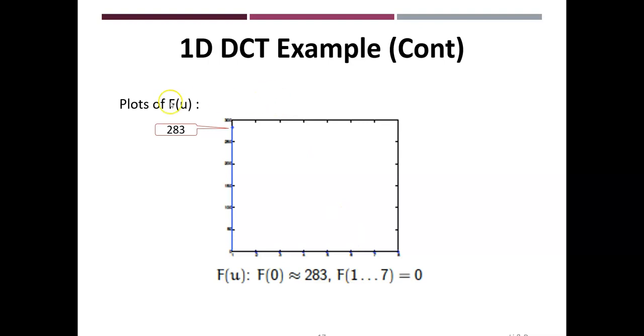After that, we plot F(u). Based on the plotting, because all the values from F1 until F7 are 0 and only F0 holds the value of 283, dia akan dapat horizontal line macam ni saja when we plot it. Okay, so this is 1D DCT.